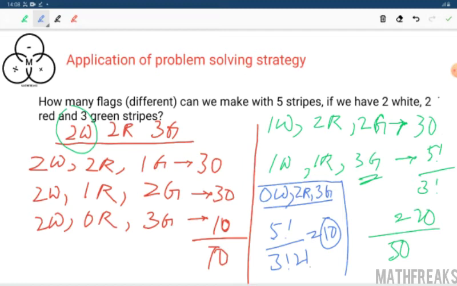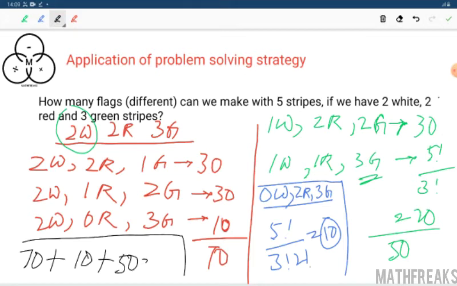So we add 70, 10, 50. The answer is 130. Why? Add up the cases: 70, 10, 50, which gives 130.